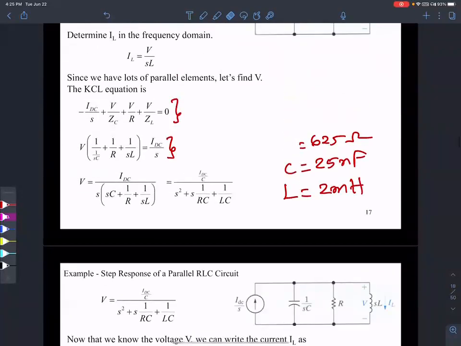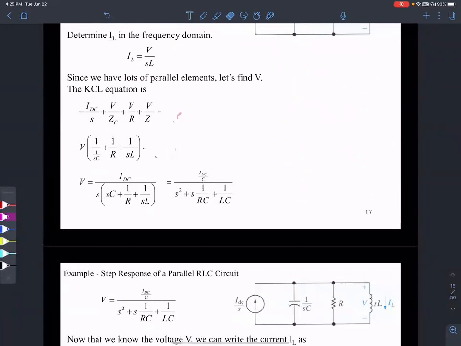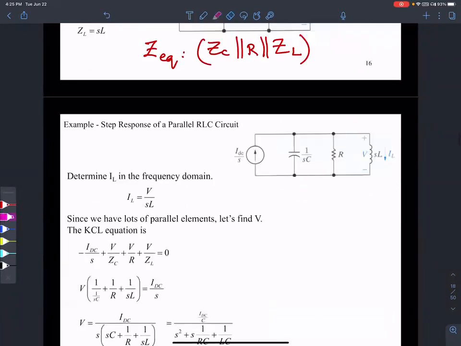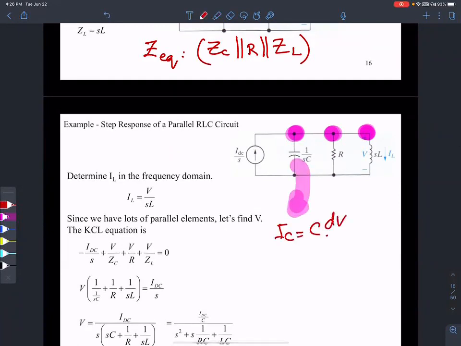So all to remind you, what we have done here is simply an application of KCL at this node. We did something very similar in the last class, except that we were writing up equations, right? The current in this guy, C dV by dt.